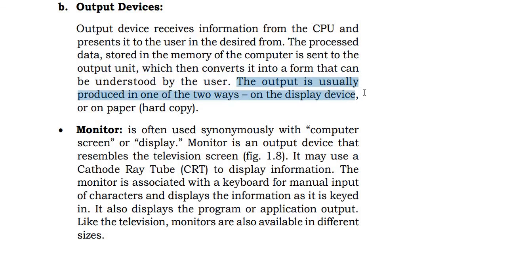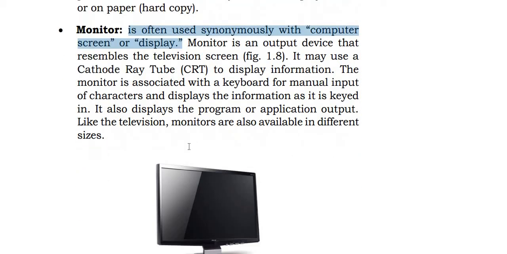The output is usually produced in one of two ways: on the display device, or on paper, as hard copy. Monitor is often used synonymously with computer screen or display. Monitor is an output device that resembles the television screen, Fig. 1.8.